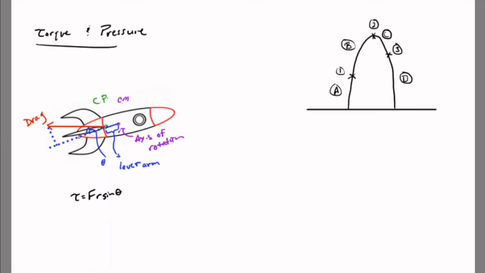We don't have to actually calculate this, but you do have to understand that the center of pressure being behind the center of mass, and the drag generated by the fins, is what causes this rocket to move straight, or more or less straight. That's due to two things.